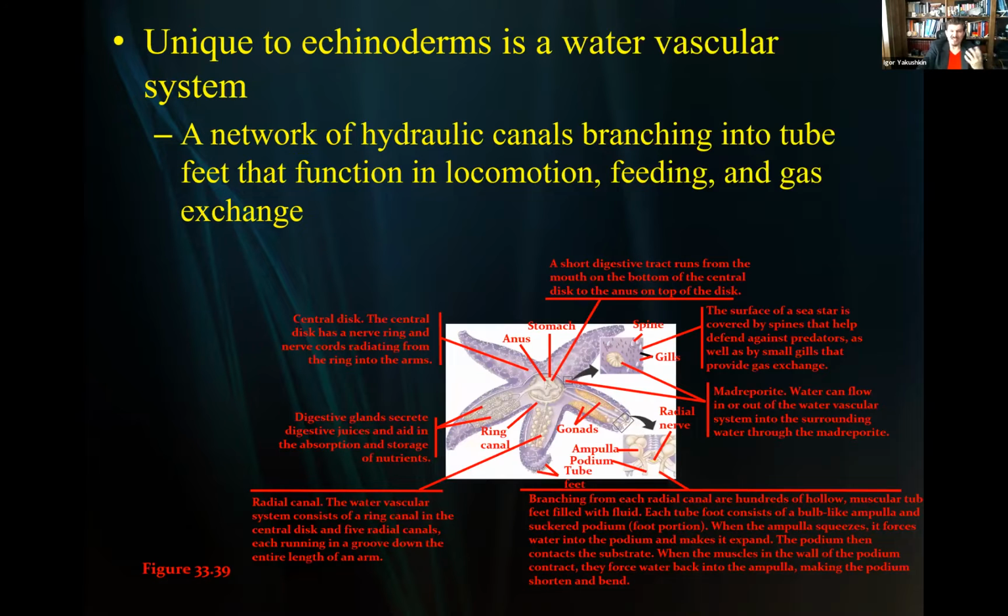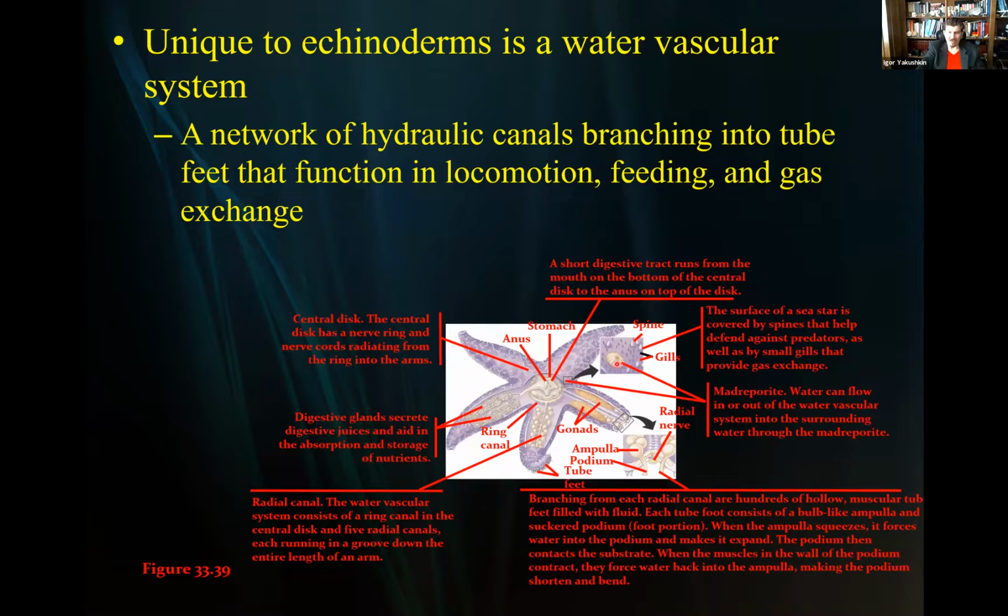The water vascular system is literally using water. It's a hydraulic system using special channels throughout the body of the sea star. So everything starts from right here. On top of the sea star, off center, you'll find a particular calcareous plate known as a sieve plate or madreporite.